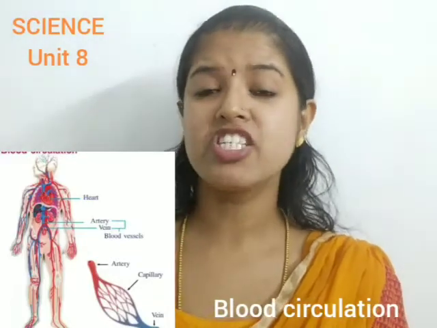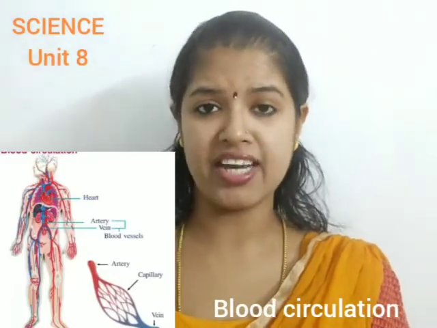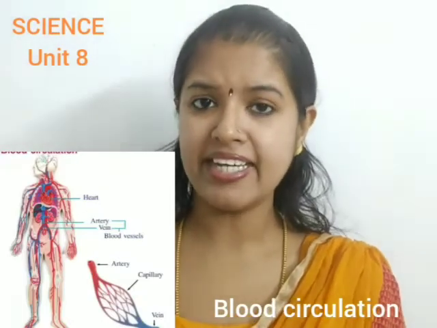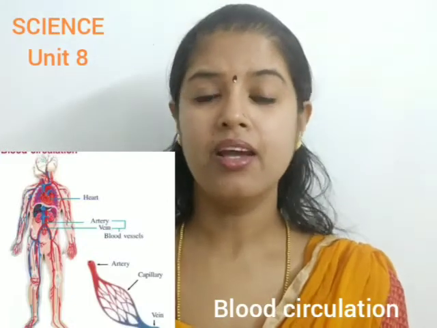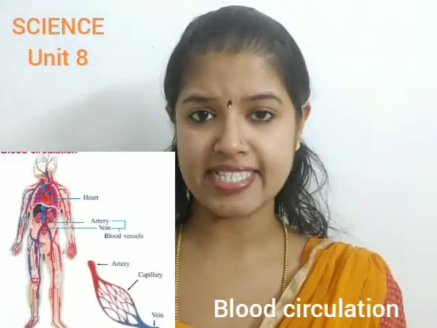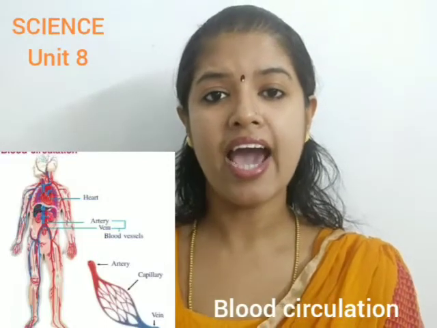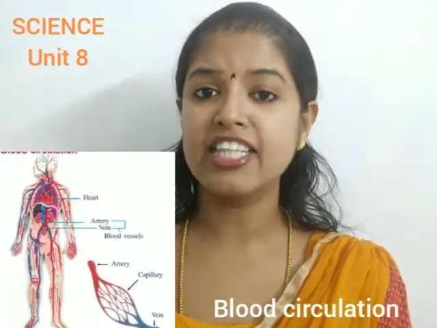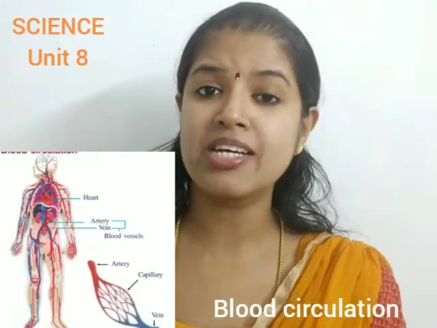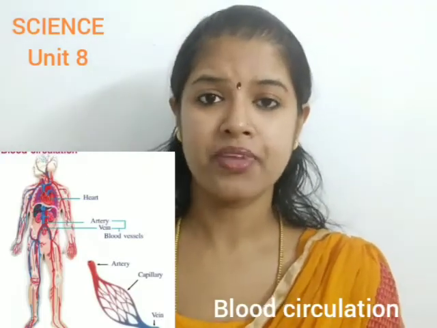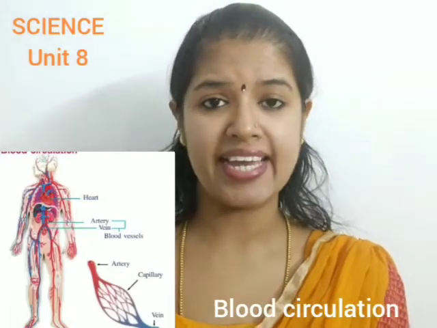The parts involved in blood circulation are the heart, blood and blood vessels. Blood we have already discussed. Blood vessels, as I told you before, are the tubes or pipes through which the blood can flow, and they are divided into 3 parts: arteries, veins and capillaries.